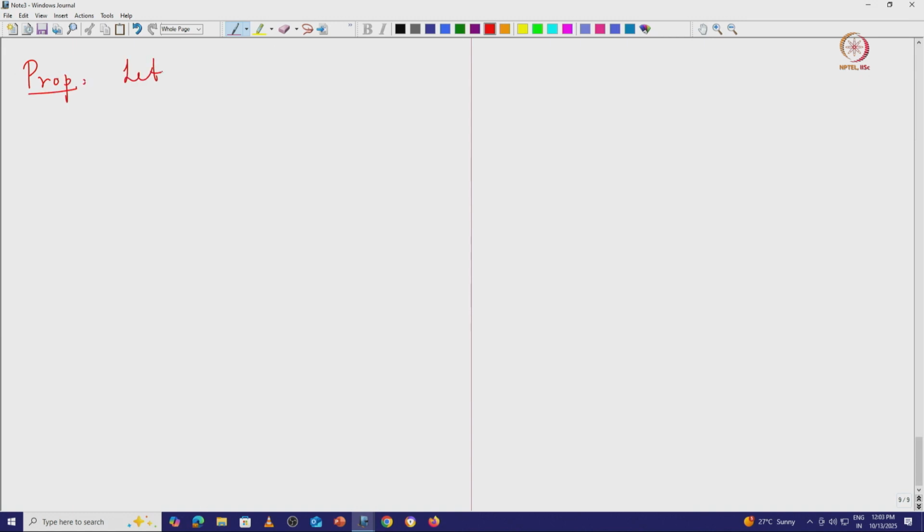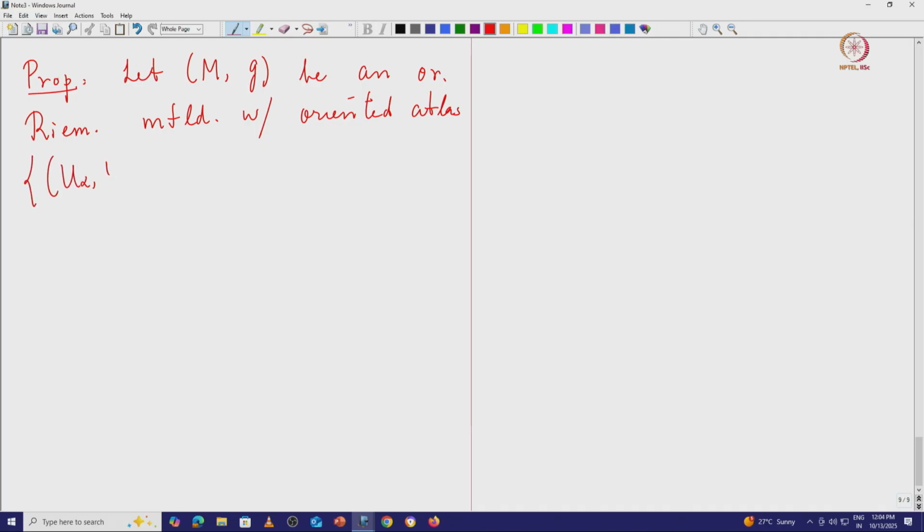So let (M, g) be an oriented Riemannian manifold with oriented charts, an oriented atlas, this collection of (U_alpha, phi_alpha), and let us say coordinates x_alpha^1 up to x_alpha^n on U_alpha.